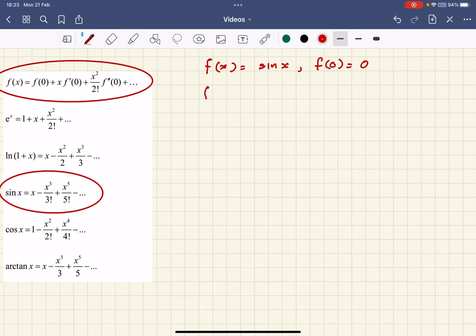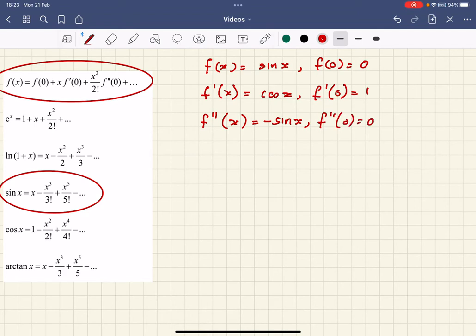I'm now going to differentiate, so f'(x) is going to give me cosine x, and then into that I put 0 again, so cosine 0 is 1, and I keep going. I differentiate for the second time, and when I differentiate cosine x it gives me negative sine x. I put 0 in again, and that gives me nothing.